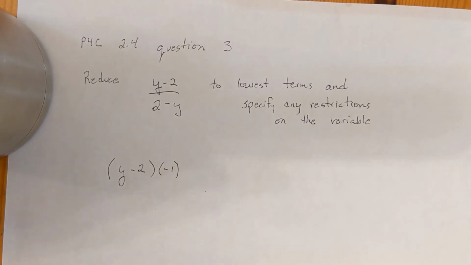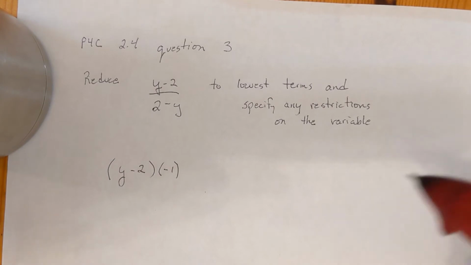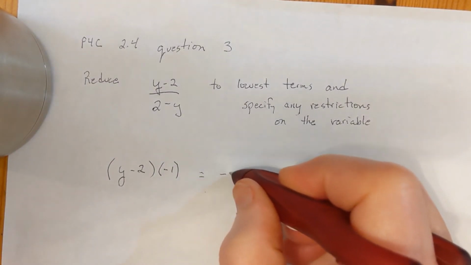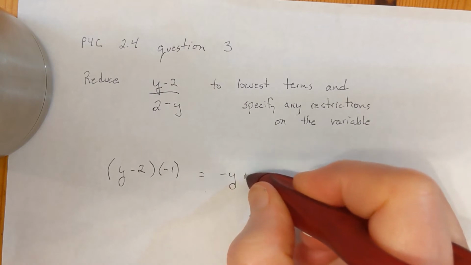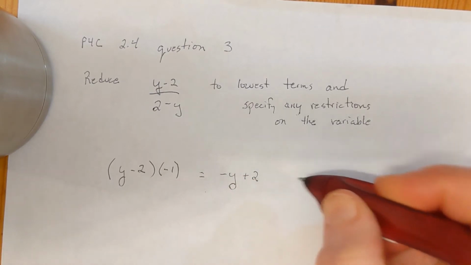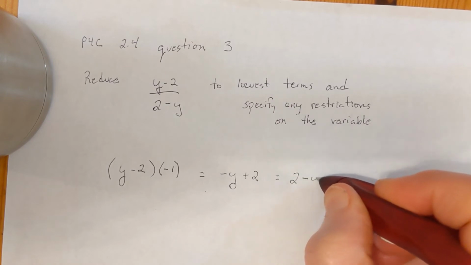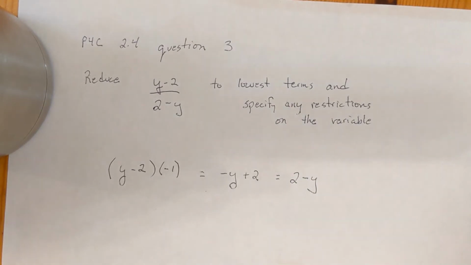Because if I multiply by negative 1 twice, I end up with exactly the same thing I started with. So this will give me negative y plus 2, which I can rewrite as 2 minus y, which is exactly what my denominator is.